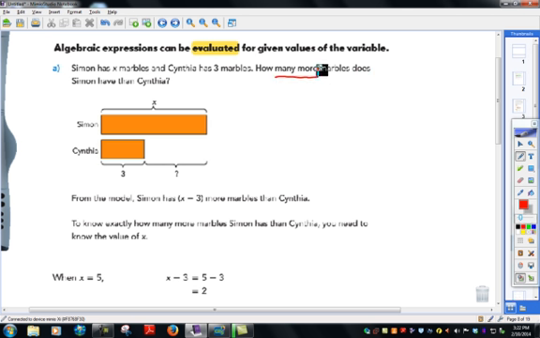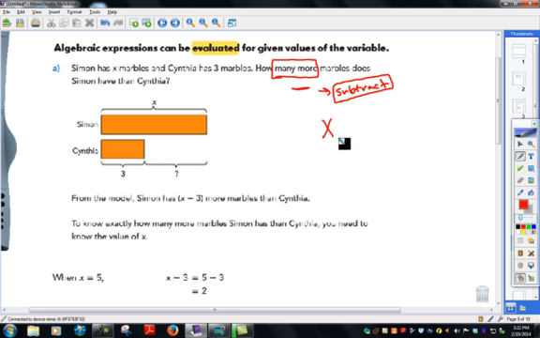Now, anytime you hear that phrase, how many more, guys, go ahead and write this. You know you're talking about subtraction. Okay? That is very basic, elementary understanding, and some of you kind of struggle with the fact that that would be a subtract question. But it says Simon has, we want to know how many more he has.